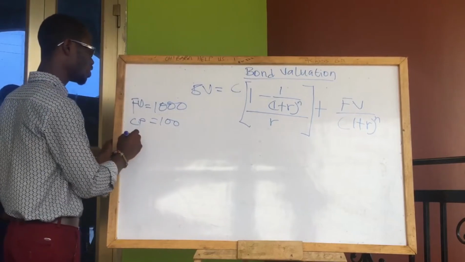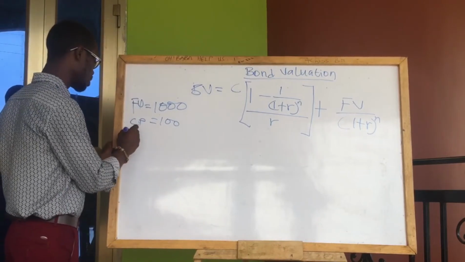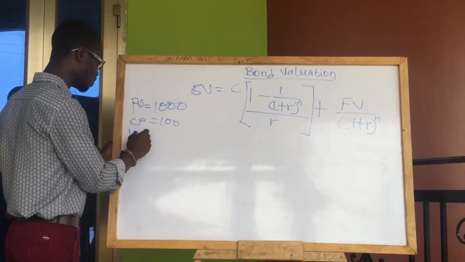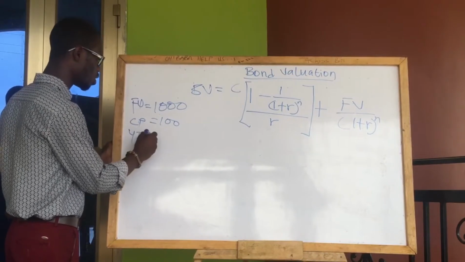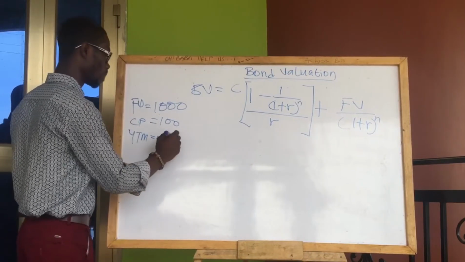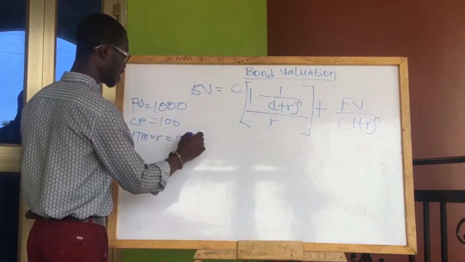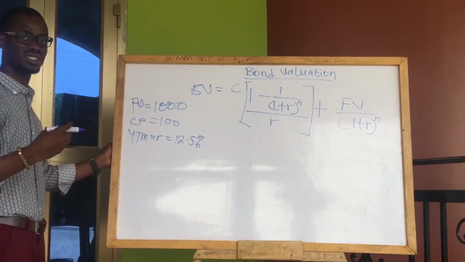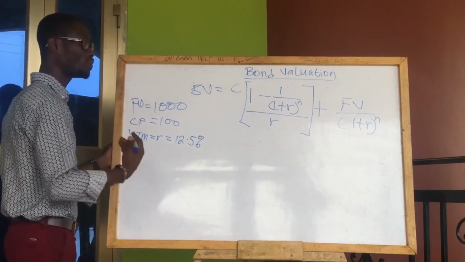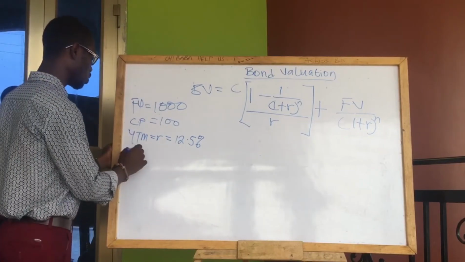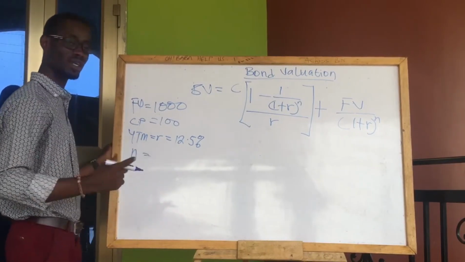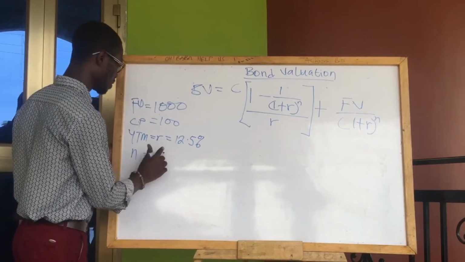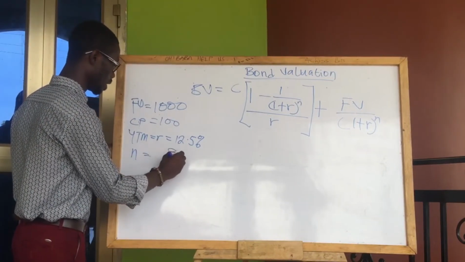Then let's take the yield to maturity, or interest rate, YTM, to be 12.5%. Let's take the number of years, the maturity. The bond matures at the 8th year, so N, the maturity, is 8 years.